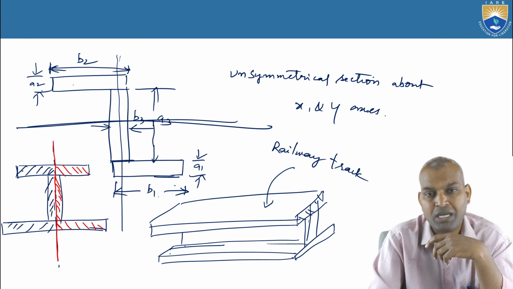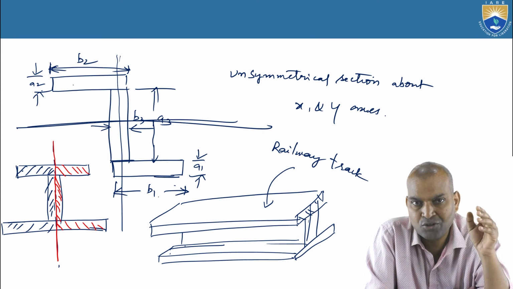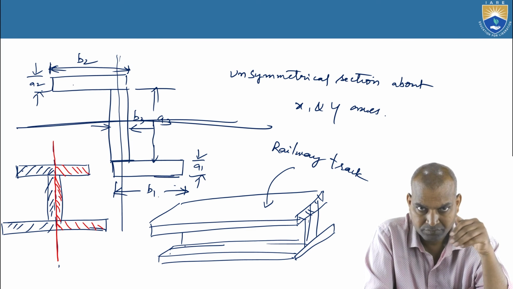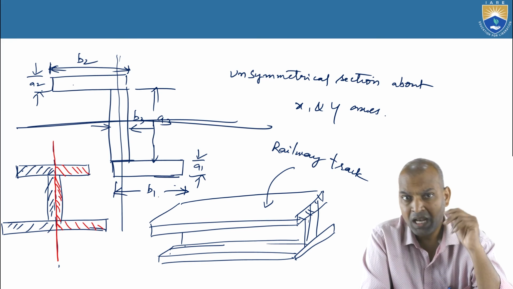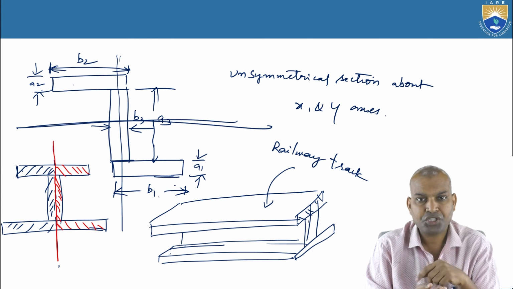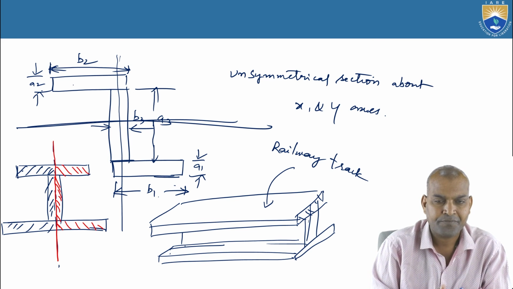Because it is easy to calculate the centroid. If it is symmetrical about the y-axis, the centroid lies on that axis. Similarly for the x-axis. And if it is symmetrical about both the x-axis and y-axis, the intersection of both axes is the centroid. That is the concept of symmetry.